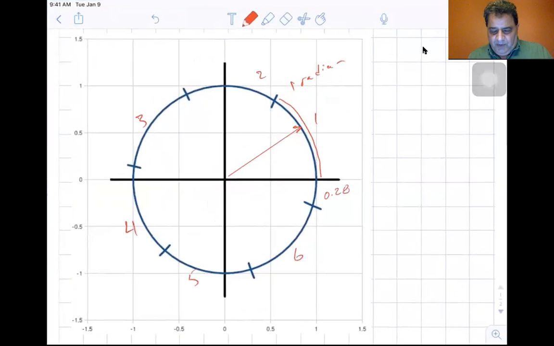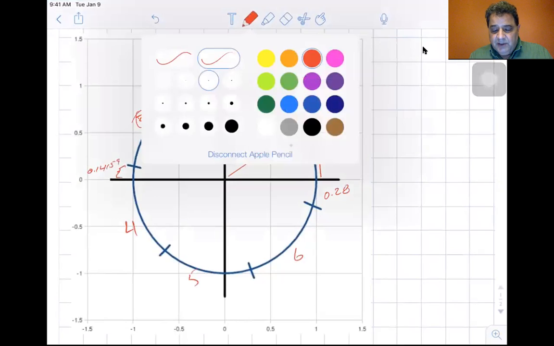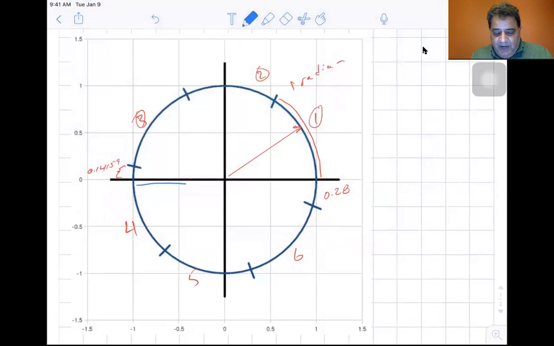How many of these are there? There's the 1, 2, 3, and a little bit more, and that little bit more is the 0.14159, and it goes on and on. So pi is simply a ratio of the diameter. This being the diameter, it fits across 3.14 times around the circle.